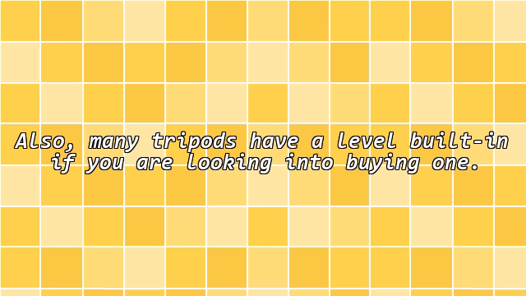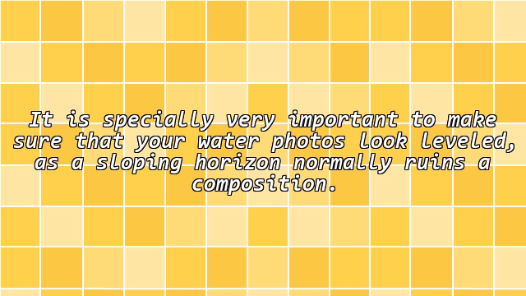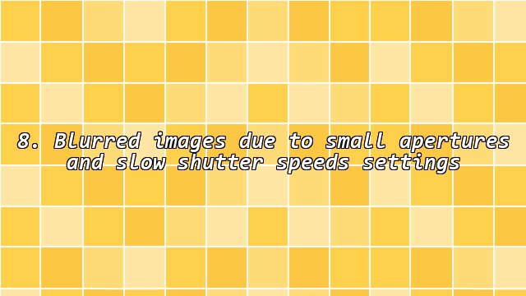Also, many tripods have a level built in if you are looking into buying one. It is especially important to make sure that your water photos look leveled, as a sloping horizon normally ruins a composition.